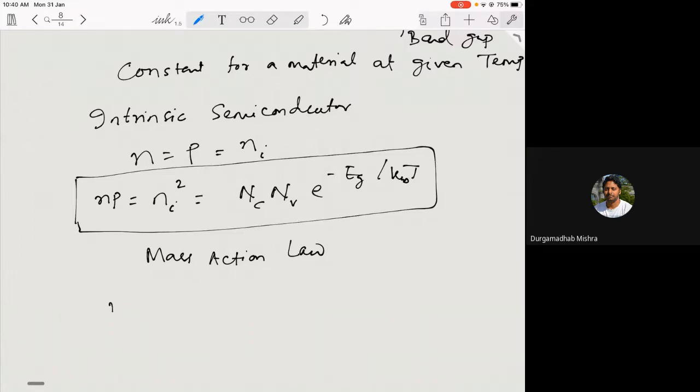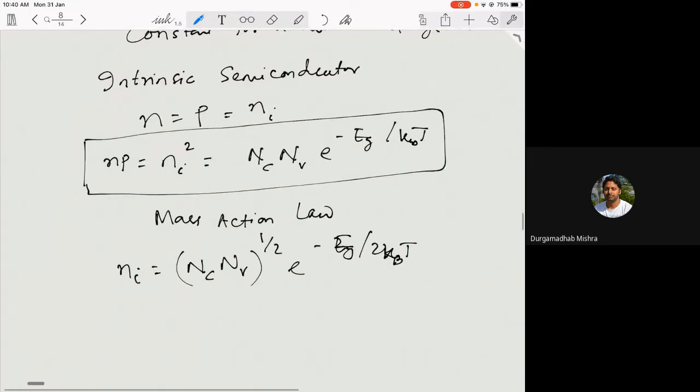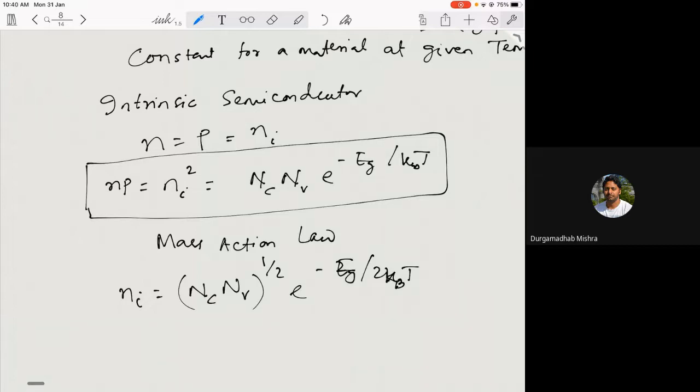And what will be ni? ni will be (NC into NV) to the power half, exponential minus Eg by 2kBT. This is your ni, the intrinsic concentration. And what is the physical meaning of this equation?